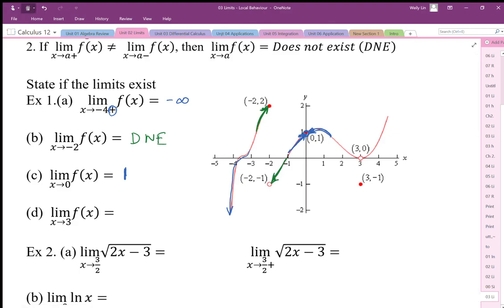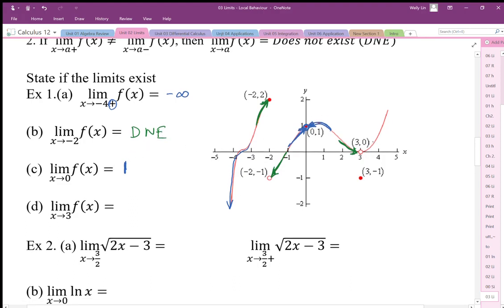This is the same issue here, except slightly different. The limits are exactly the same as x goes to 0. The left and right-hand limits are the same, just like we had up here. So from the limit perspective, these are exactly the same question. It's equal to 0.